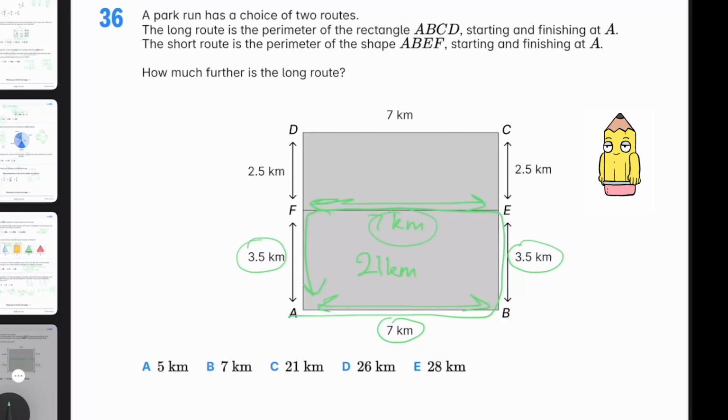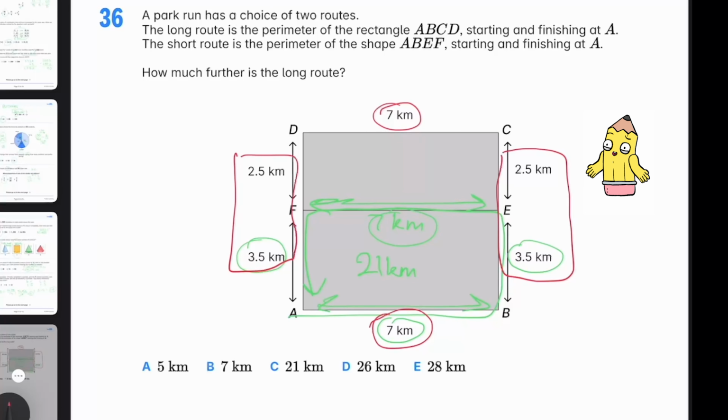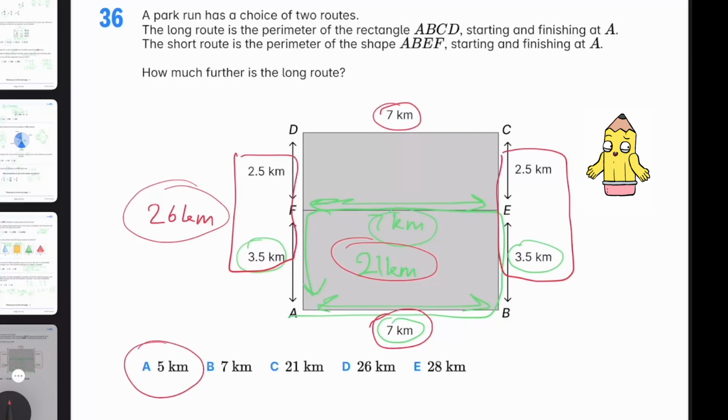The perimeter of the long route is going to be 7 kilometers plus 2.5 and 3.5, plus 7 again, and 2.5 and 3.5. And that total will give us 26 kilometers. So the difference of 26 and 21 is 5 kilometers. And that's all we have to do here.